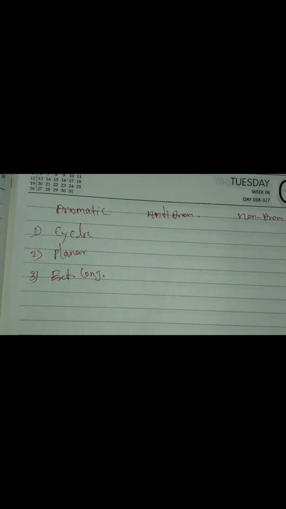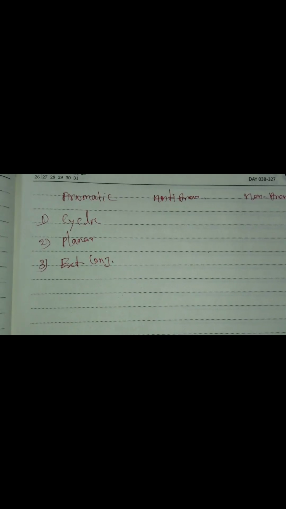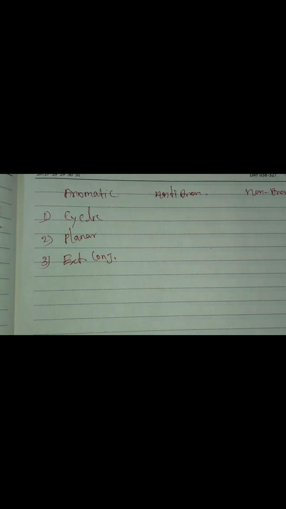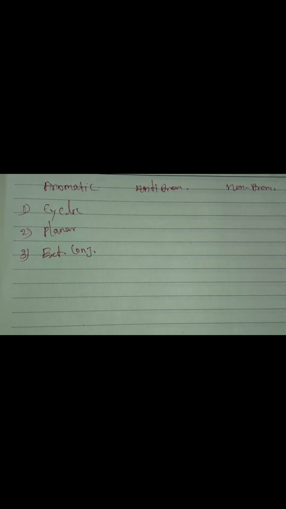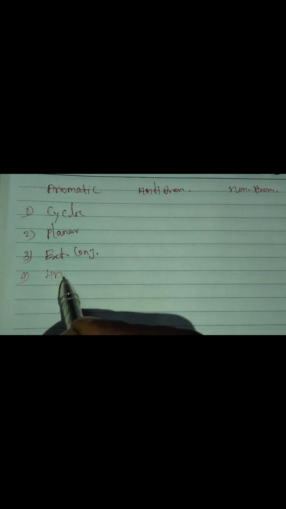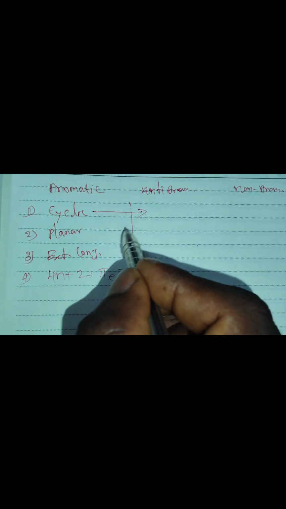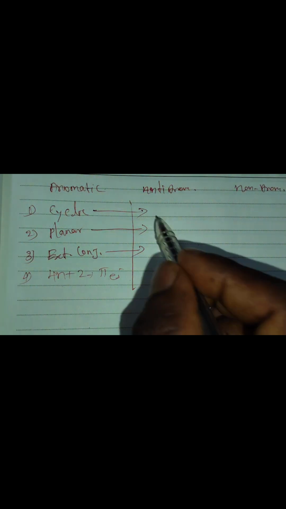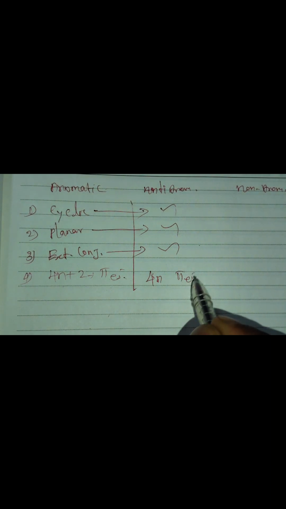We will study conjugation in future classes; simply, the double bonds are alternating, so the electrons resonate more easily. The last is obeying 4n plus 2 pi electrons, the Hückel rule. For anti-aromatic, the first three rules are must, and the last is obeying 4n pi electrons.